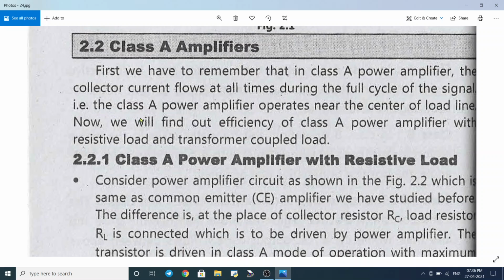That means the class A power amplifier operates at the center of the load line. The operating point, Q point, is at the center of the load line.